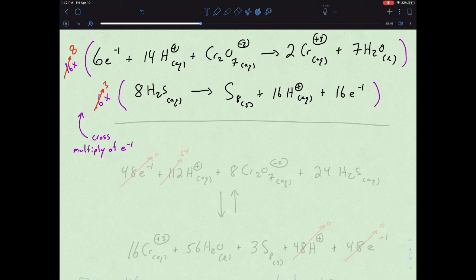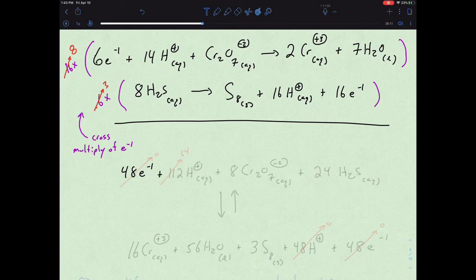So we want to do that cross multiplication, and we want to sum up the reaction. And so this is a pretty big reaction, as you can start to see now. So it's going to be somewhat tiered here. Starting with the top, we take 8 times 6, we have 48 electrons.